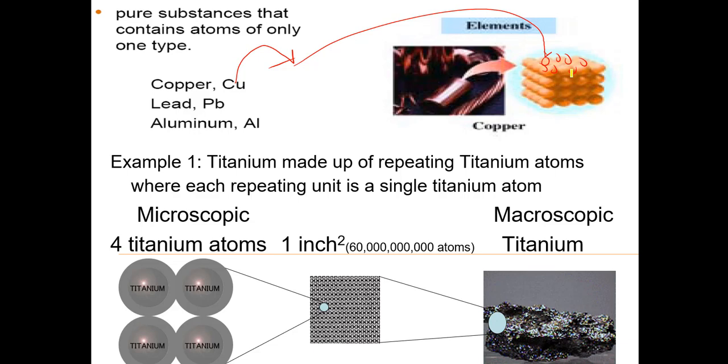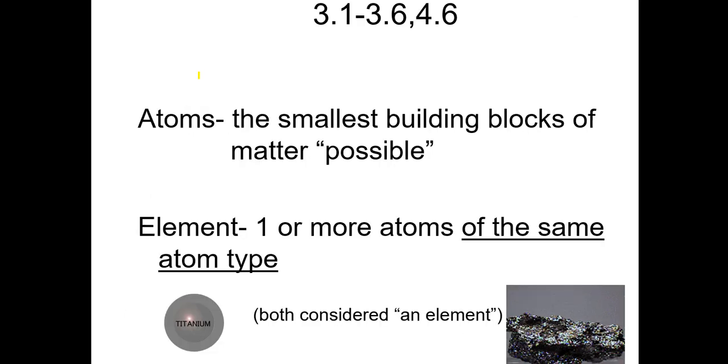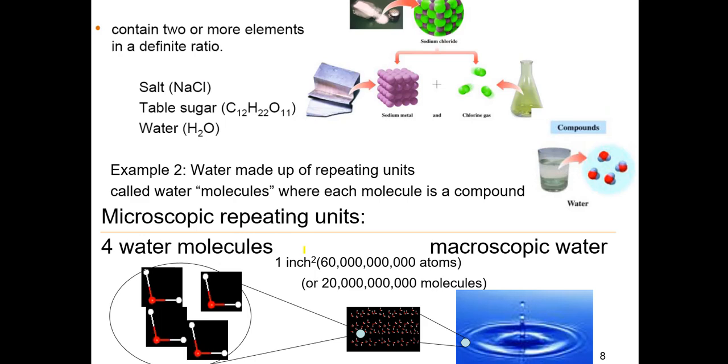So that's why we call it a periodic table of elements. As far as the term periodic, we'll get into that term later on. Now, if this is the same atom type, or one atom type, then compounds are going to be two or more atom types.